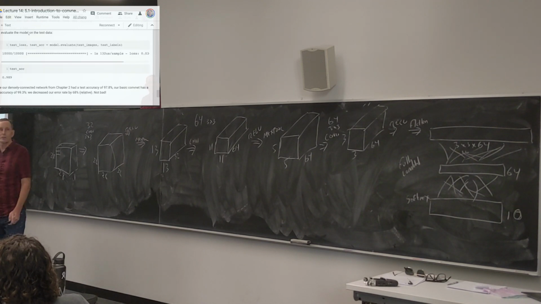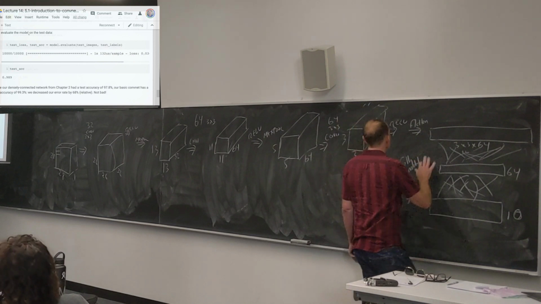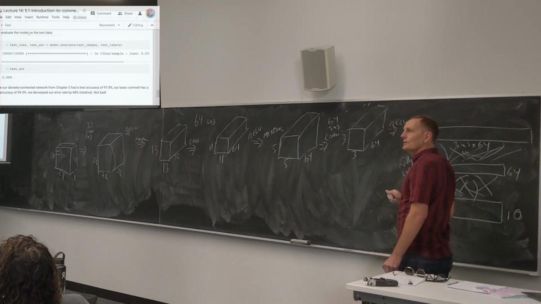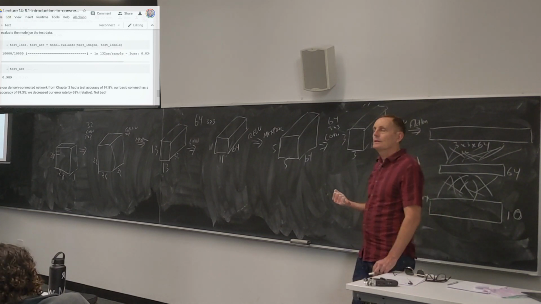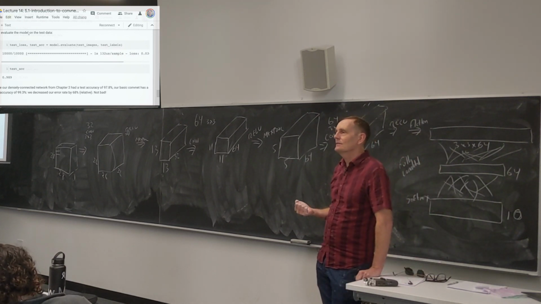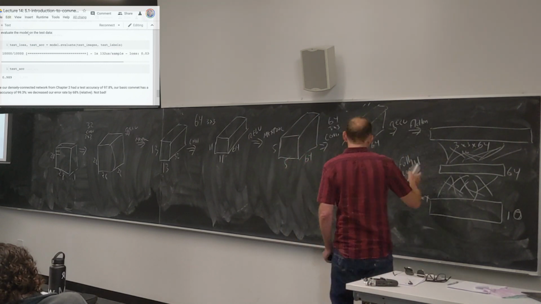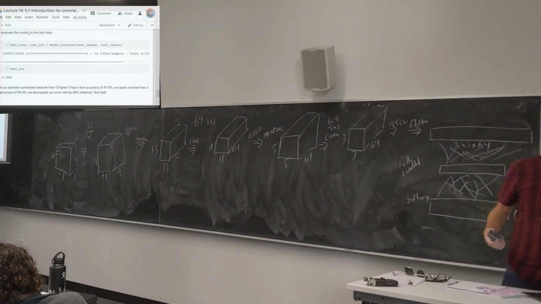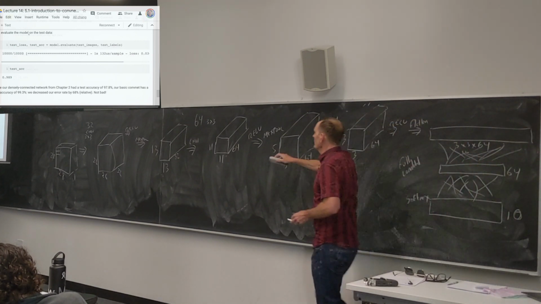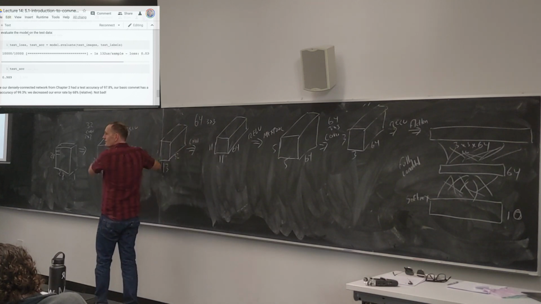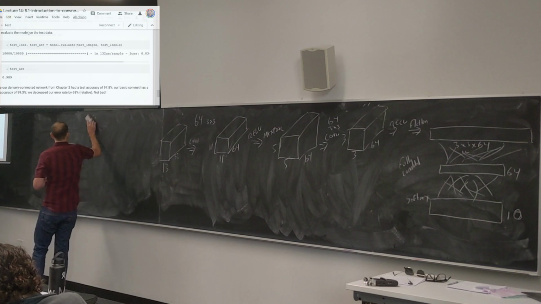Here's what I want to show you. I want to not use any fully connected layers, at least not explicitly. I want to show you that convolutions can take the place of fully connected layers. So this is way over here. Let's take this 3 by 3 by 64, and I'm going to move this over here. So we did the same previous stuff. We got to our 3 by 3 by 64, and let's look at what happens after that.